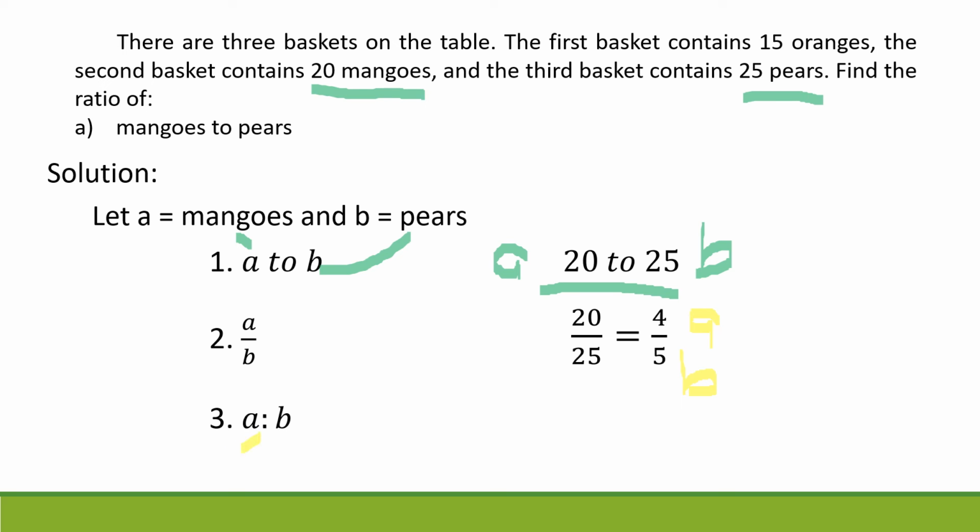Ang A ay mangoes. Ang B ay pears. So, mayroon tayong 4:5. Itong 20 to 25 ay pwede mong isulat into 4 to 5. Therefore, ang ratio ng mango to pears ay 4:5.